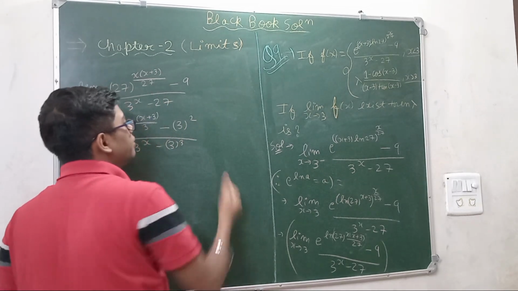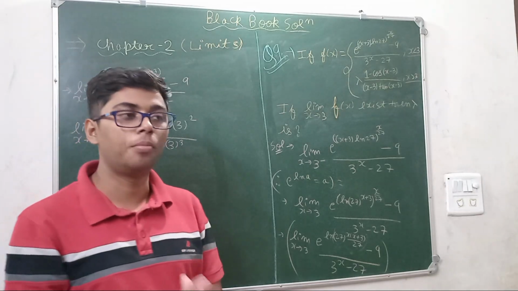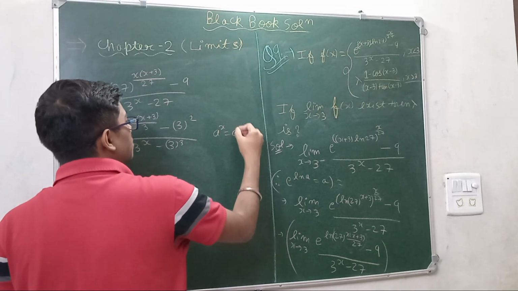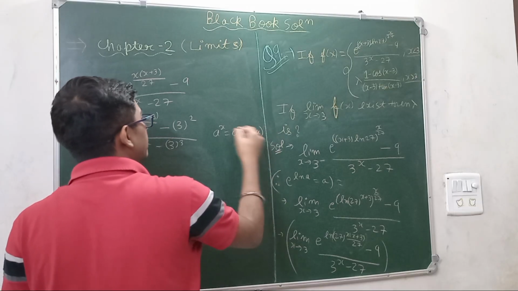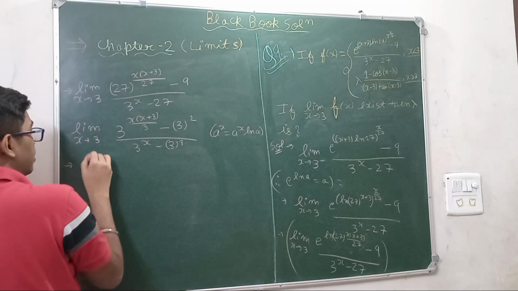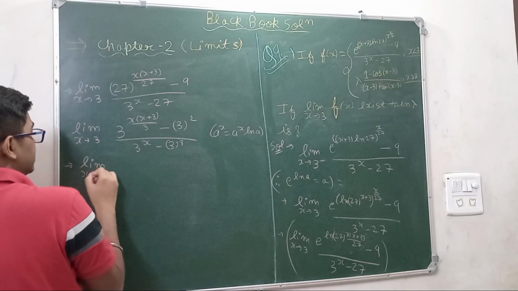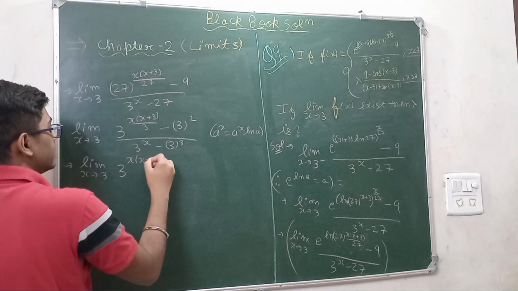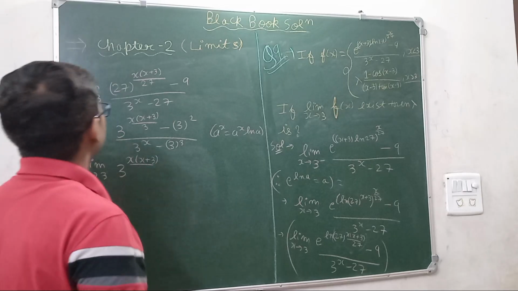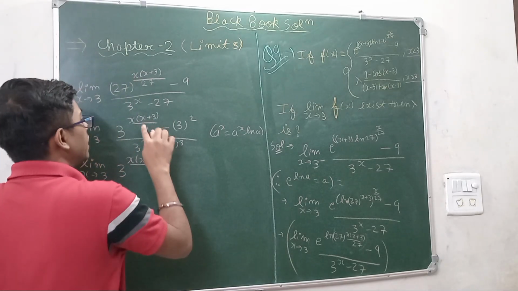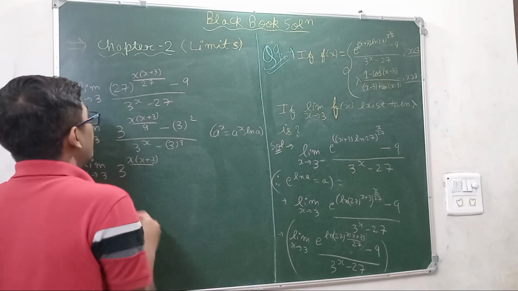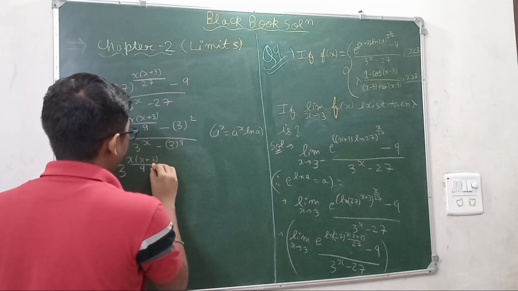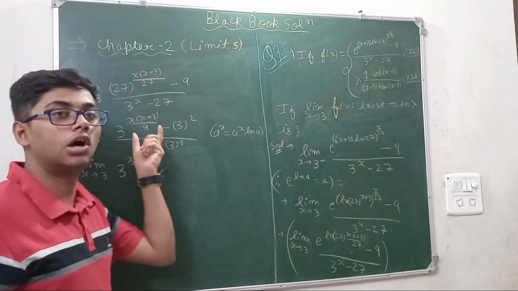Now what will we do here? If this is 0 by 0 form, we will apply L'Hopital's rule. You know the derivative of a to the power x is a to the power x ln a. So we differentiate: limit x tends to 3. The 9 in the denominator remains as it is, and the derivative of 9 is 0, multiplied by the derivative of this according to the chain rule.